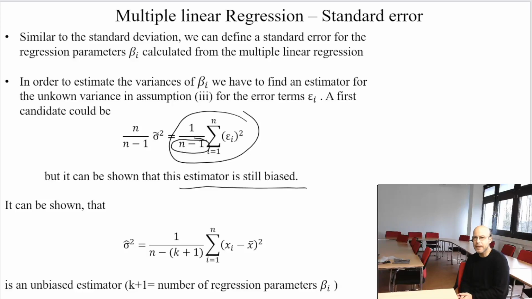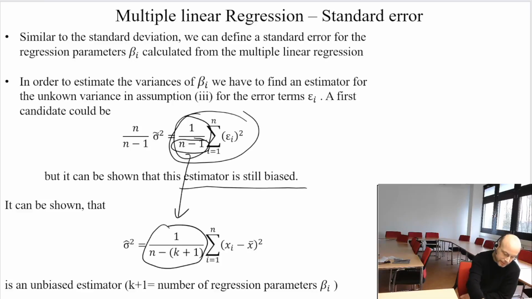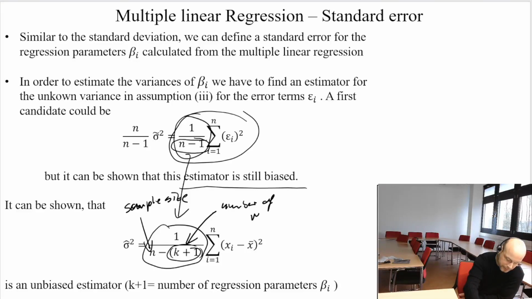And therefore, we can then show that we have to change this factor into this factor, and there we subtract not only 1, but we subtract k plus 1, and this just means that we have to subtract from our sample size the number of regression parameters.